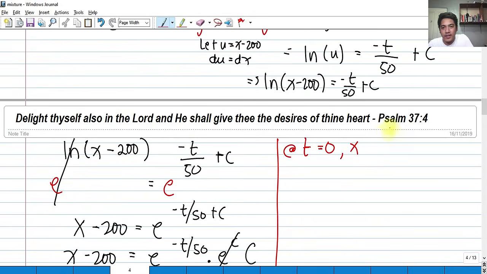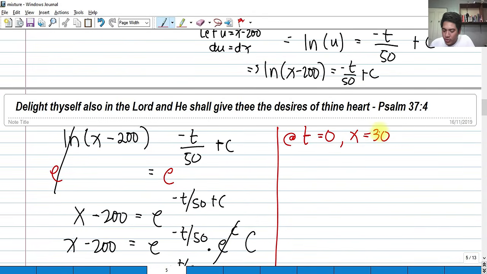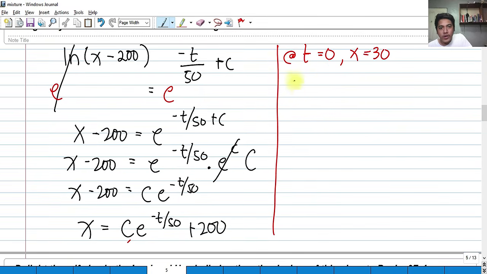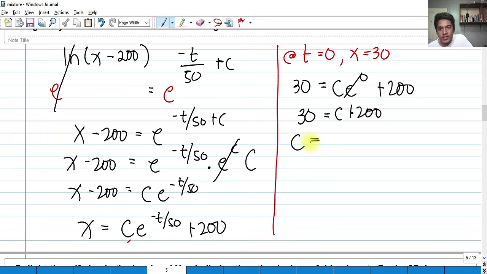Upon solving, we have 30, which is equivalent to x, equal to c e raised to 0 over 50, which is 0, plus 200. e raised to 0 is simply 1, so we have 30 equals c plus 200, and if we solve for c, c is simply 30 minus 200, which is negative 170.